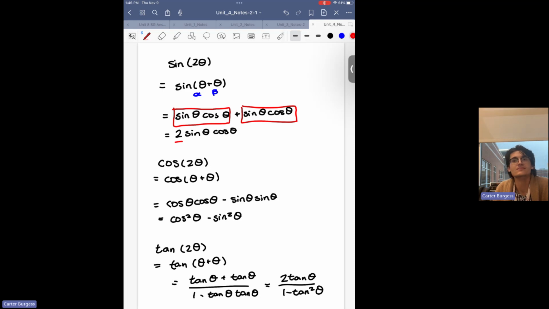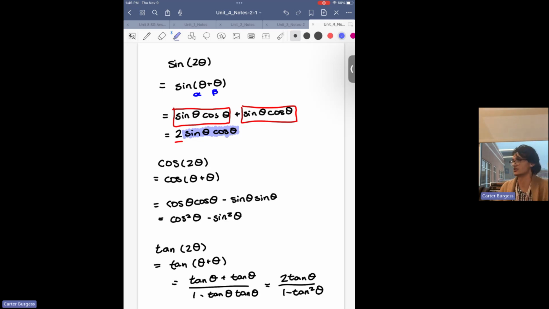Oh, so the 2 sine theta cosine theta is like one thing? Kind of. It's 2 times sine theta cosine theta because we're adding this same sine theta cosine theta object to itself twice, basically. It's the repeated addition of something turning into multiplication.